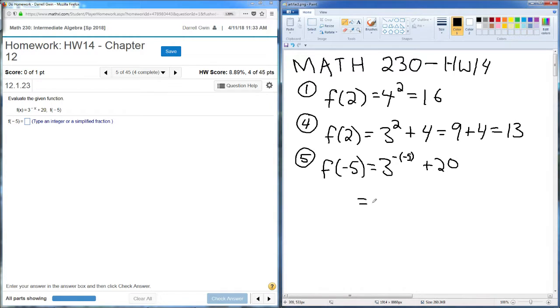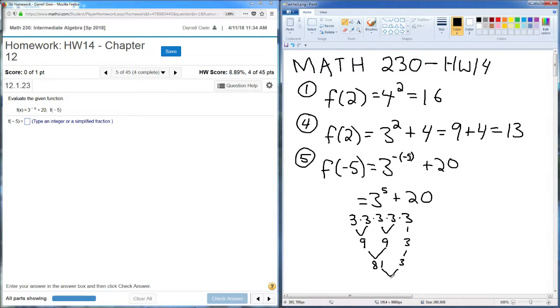Now this is tricky because a negative of negative 5 is a positive 5. 3 times 3, ooh, that's a lot of numbers. 3 times 3 is 9. Let me write this down: 3 times 3 times 3 times 3 times 3. 3 times 3 is 9. 9 times 9 is 81.